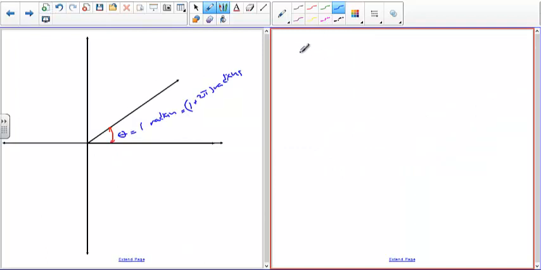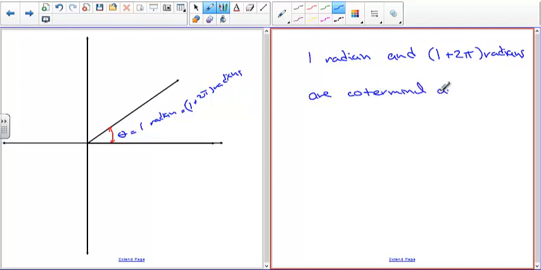Unless you go through the actual process of looping it around, you don't know it. So what we could say is that 1 radian and 1 plus 2 pi radians are coterminal angles.